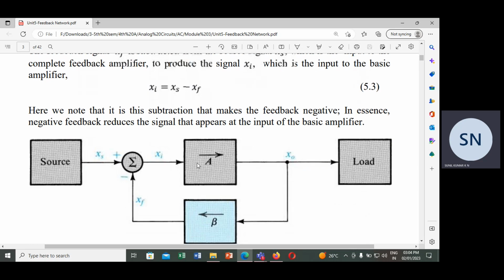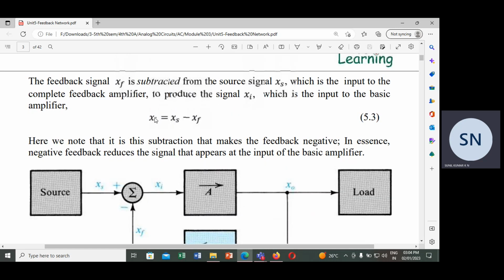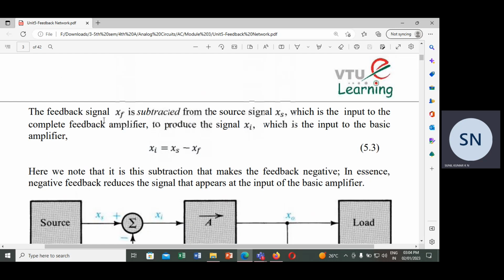The next one is what? XI. XI is the signal which is nothing but XS minus XF. This is the signal source and this is the feedback signal. Both are getting subtracted and this is the error signal. So the feedback signal XF is subtracted from the signal source XS, which is then given as input to the amplifier.